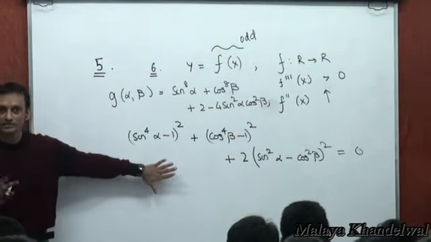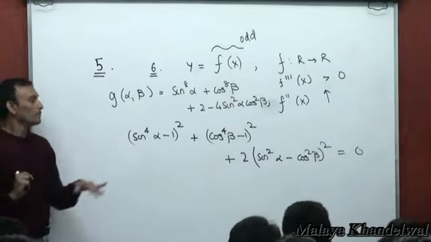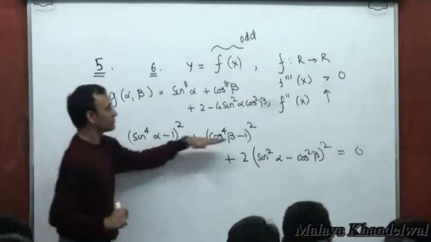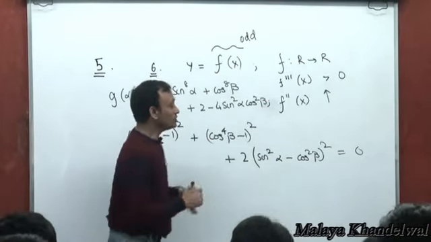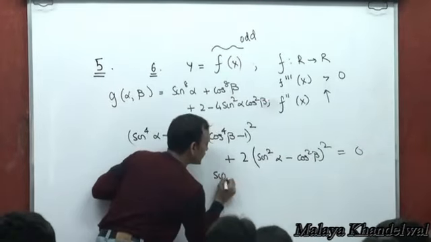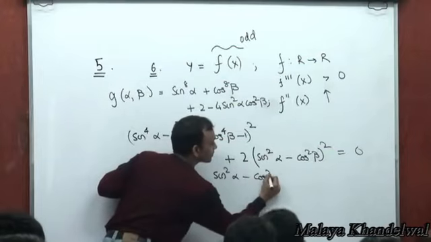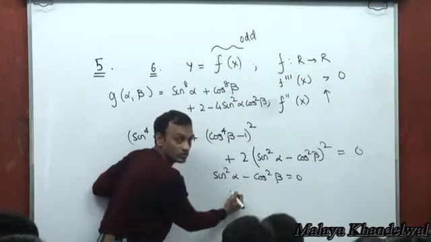Have I left you disturbed with this? No, no. And then if the sum of three non-negative numbers is 0, then each must be 0. Each is 0 means sine squared alpha minus cos square beta equal to 0.